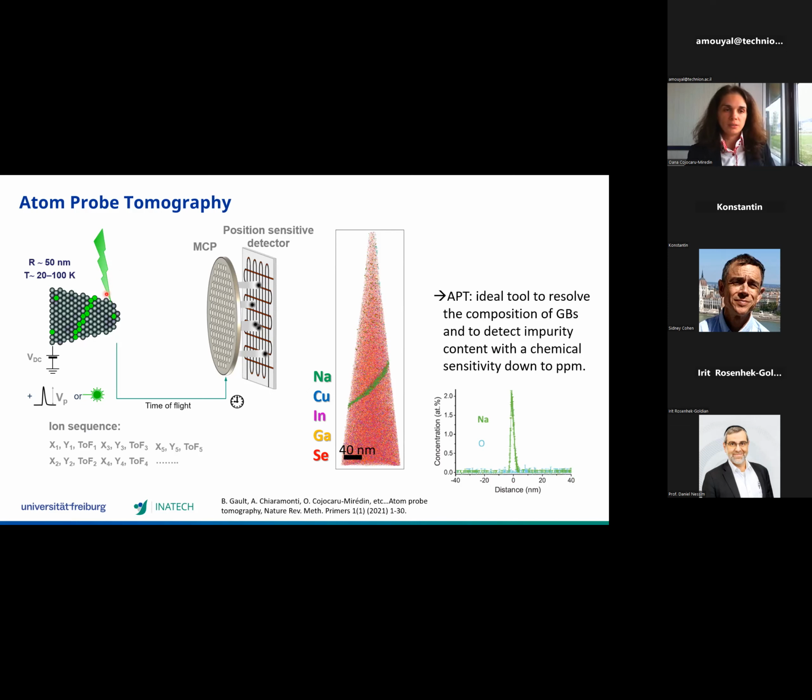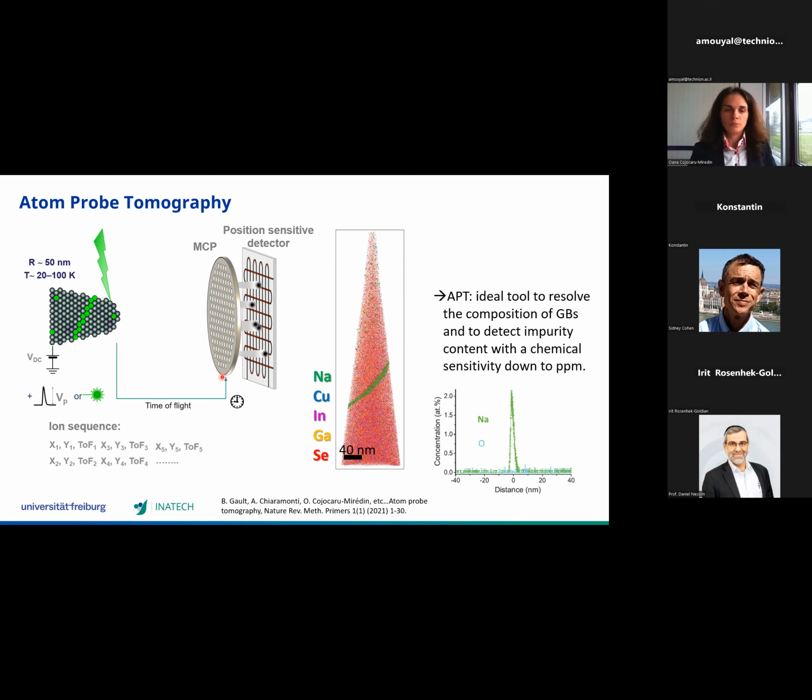But what happens under these pulses basically is that we have the field evaporation of the atoms from the needle apex, and the detection of these atoms' impacts on a position-sensitive detector. So we get basically the XY positions, and we get the time of flight for each impact.